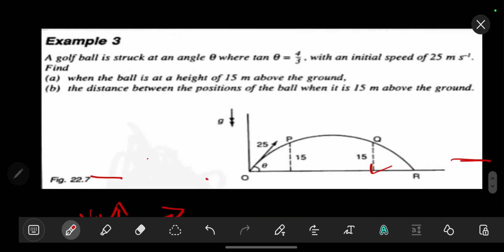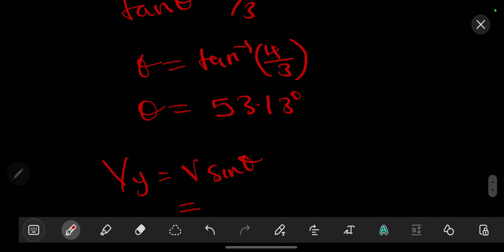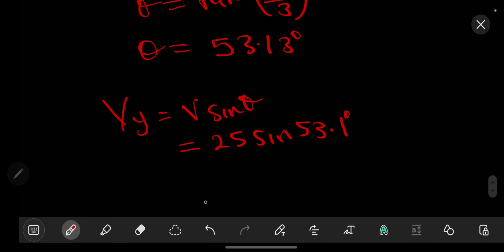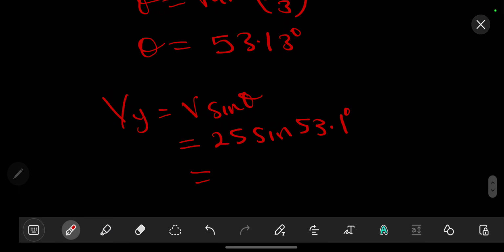So we put 25 sine of the angle of projection, 53.1 degrees, which gives us 19.992 meters per second. So this is our vy.